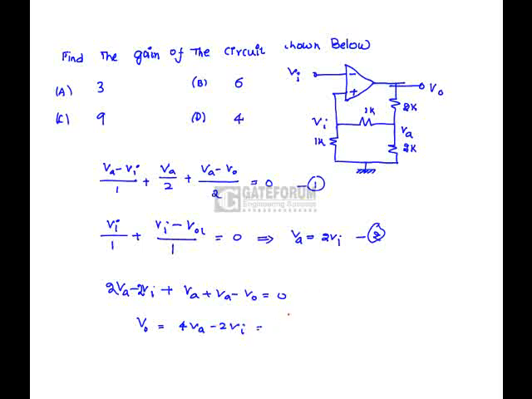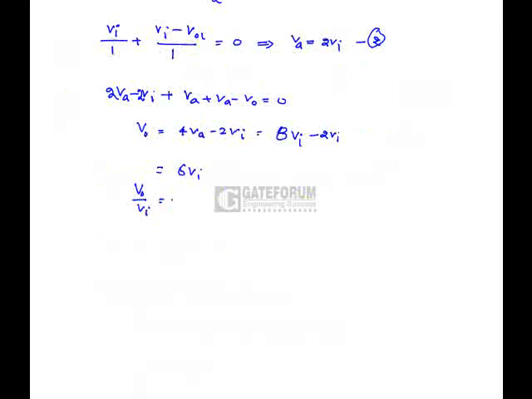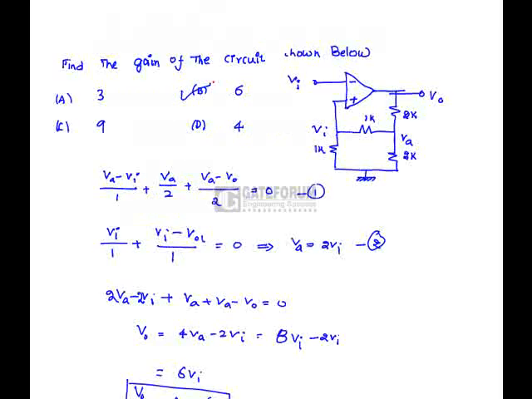VA is nothing but 2VI from equation 2. So V0 is equal to 8VI minus 2VI, which equals 6VI. Hence the gain V0 by VI, that is A, is equal to 6. That is option B is correct.